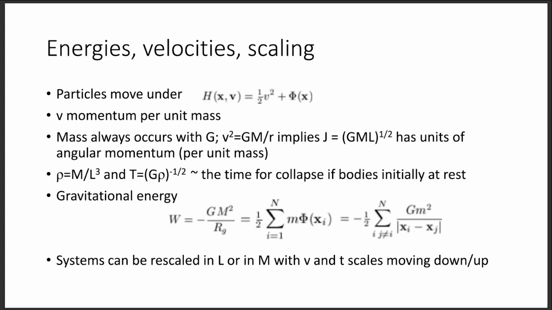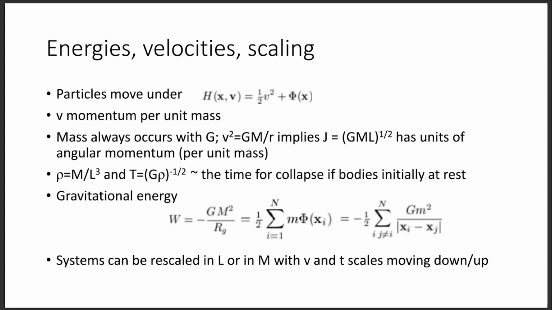are common. So what's really important for us is that systems can be rescaled in length or in mass. You've got two free scalings. You have a model, you can map it onto a real thing in the universe by upscaling its mass or upscaling its length scale, or both, as you will.